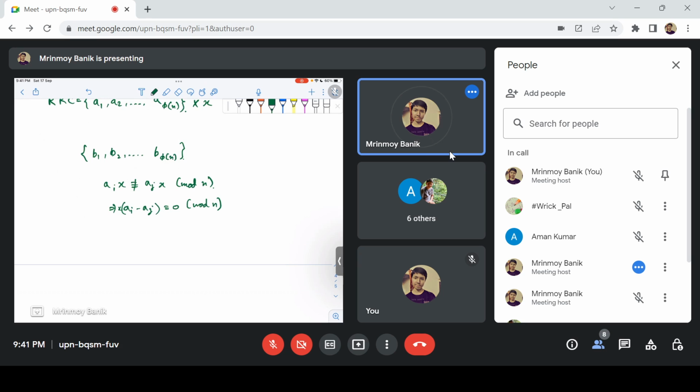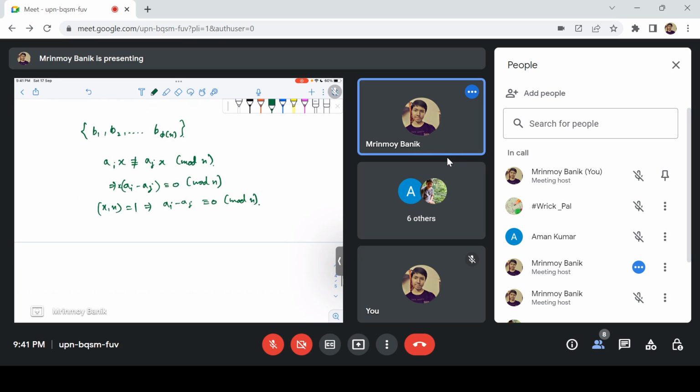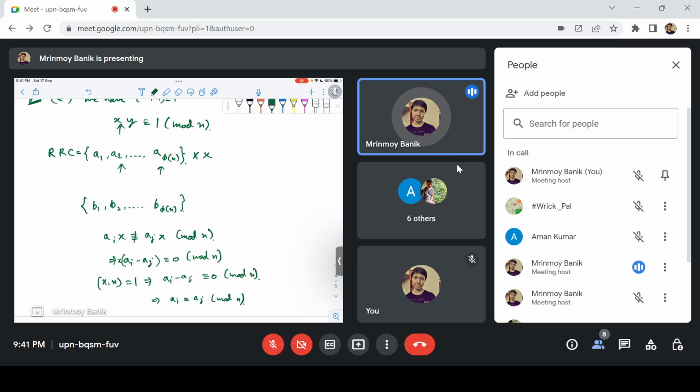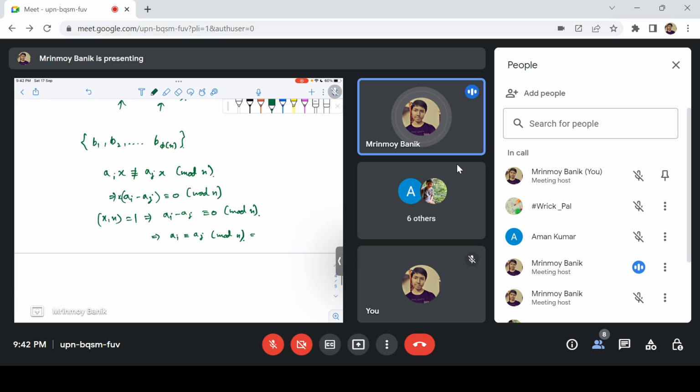Now GCD of x and n is 1. That's what we have assumed. So that just leaves AI minus AJ being 0 mod n. And that means AI has to be congruent to AJ mod n. And added to the fact that all the AI and AJs are strictly less than n, that will imply AI is equal to AJ.